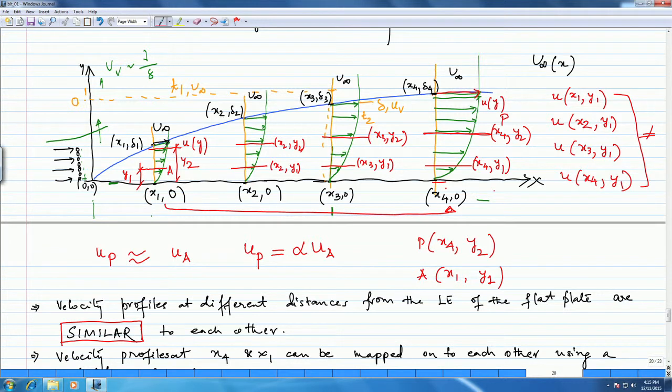Hence this similarity principle. So I can use one variable to define the flow at x4 and x1.